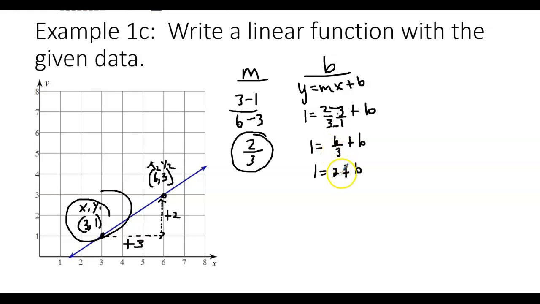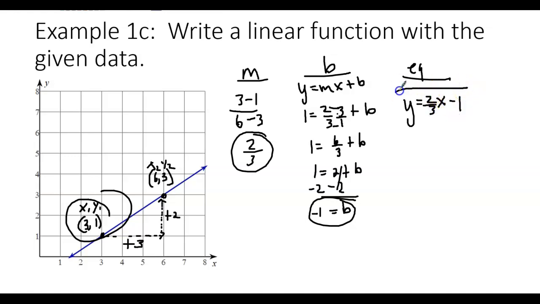But for now, just bear with me. We'll finish the problem. Go ahead and minus 2 on both sides. And we get -1. So now I've got my y-intercept, I've got my slope. We're ready for the equation. So that's going to be y equals 2/3 x minus 1.